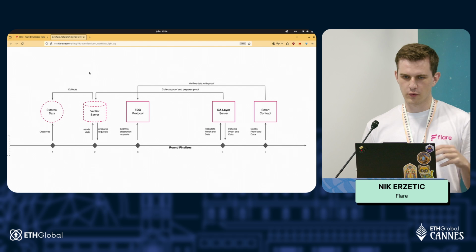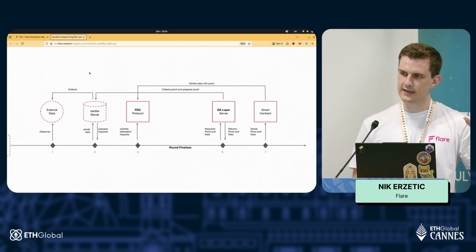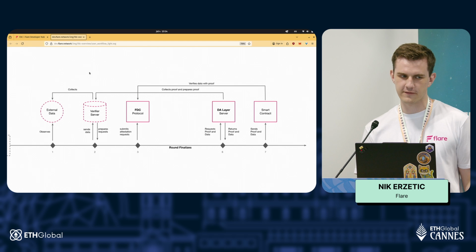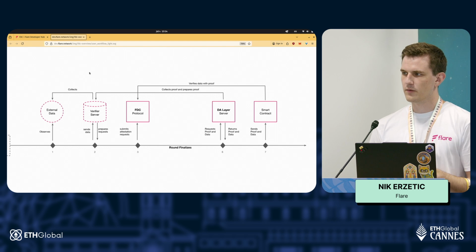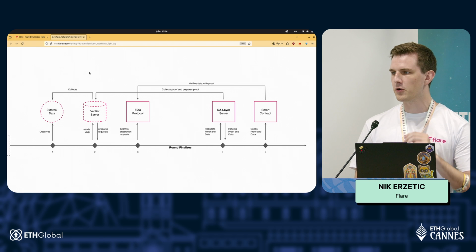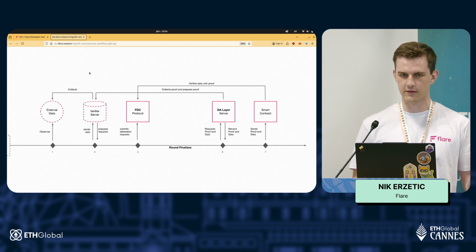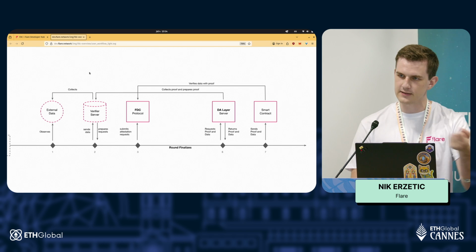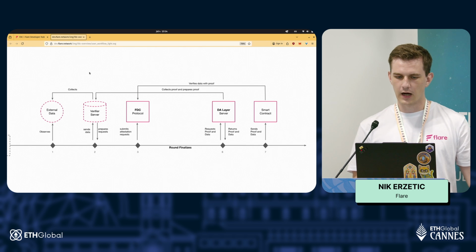They will also hash the data, and then with consensus write the hash onto the Flare chain. So at that point, the round will have finalized, and you will be able to go to one of the data providers, one of the validators, and request the data from them.